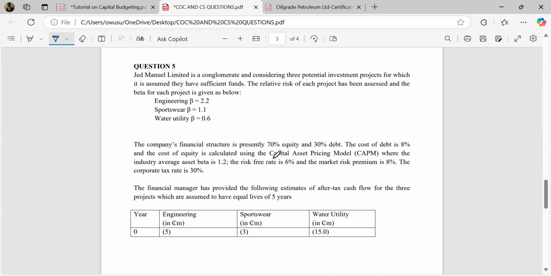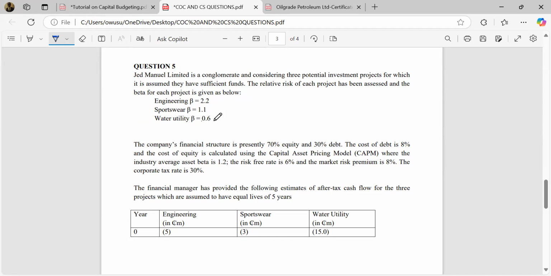Cost of equity is calculated using the capital asset pricing model. And you are given the average asset beta to be 1.2. You are given the respective betas of the projects as 2.2, 1.1, and 0.6.